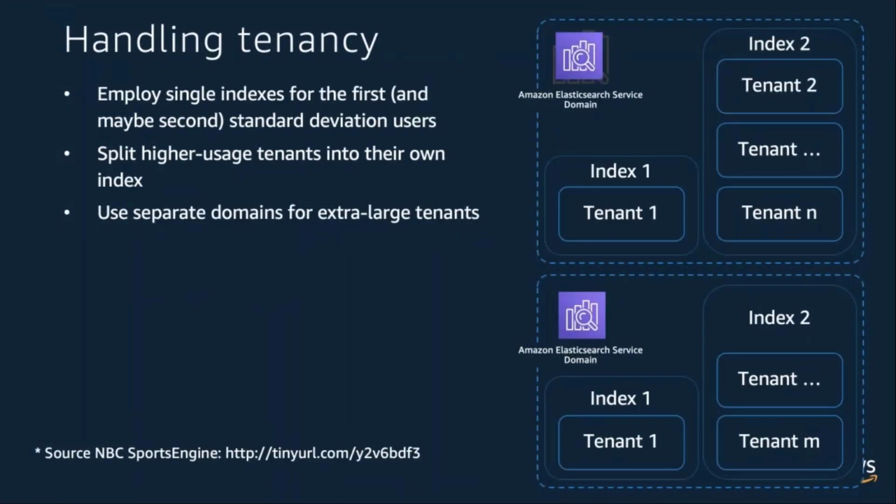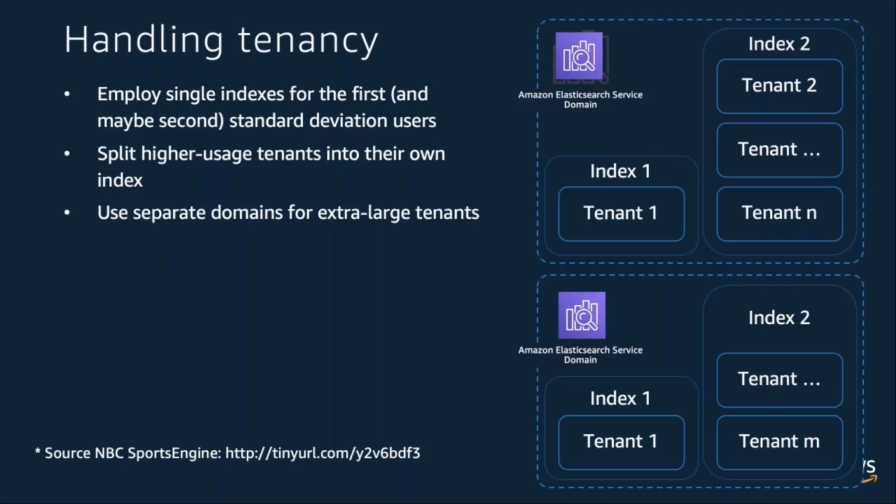Last thing I want to talk about is tenancy. So tenancy is a pretty broad topic that covers a lot of different implementations and a lot of ways that you need to look at your cluster. So at a high level, a tenant in your cluster is an index. It's a workload, right?